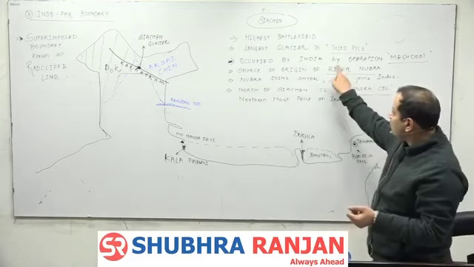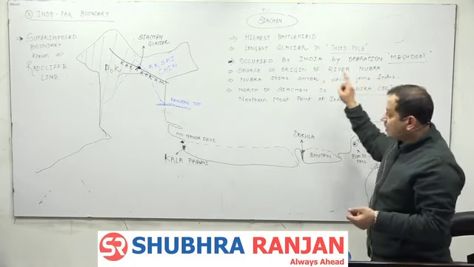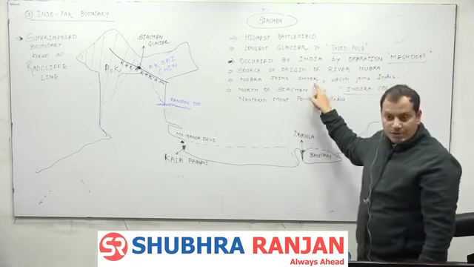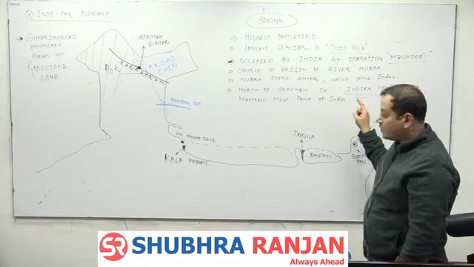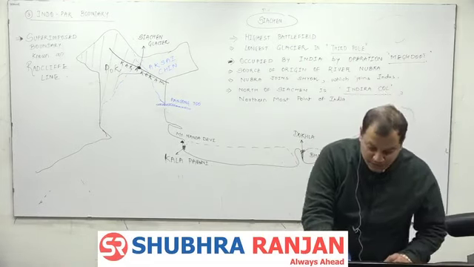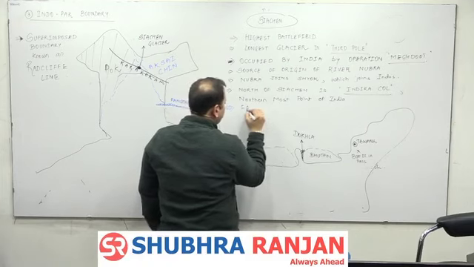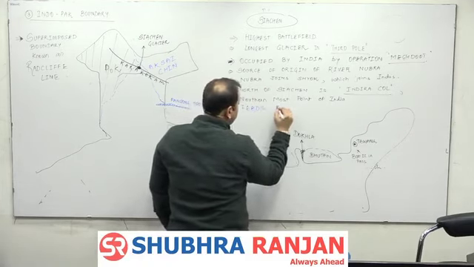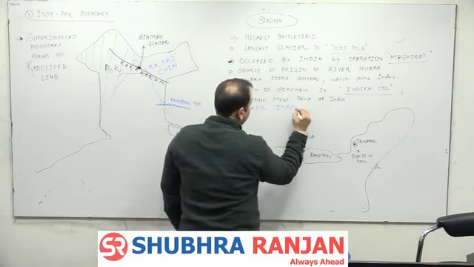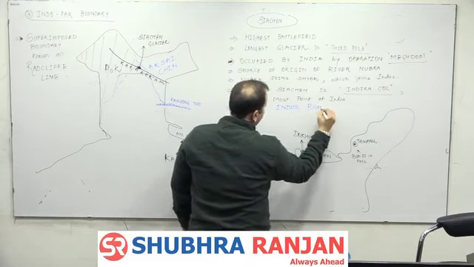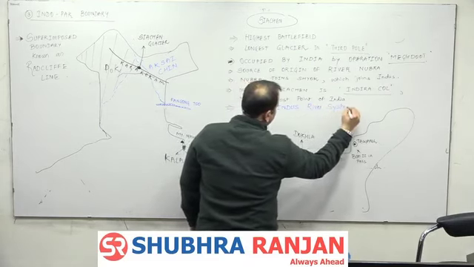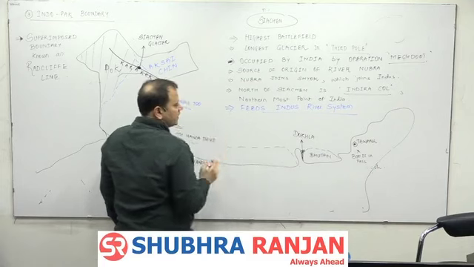Secondly, it is the source of origin of river Nubra. Nubra is a tributary of river Shok and Shok is the tributary of river Indus. So the Siachen glacier feeds the Indus river system.